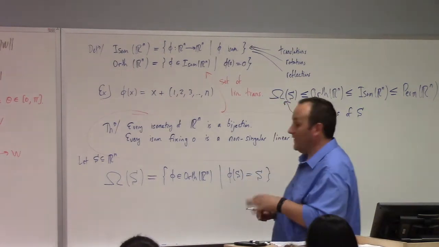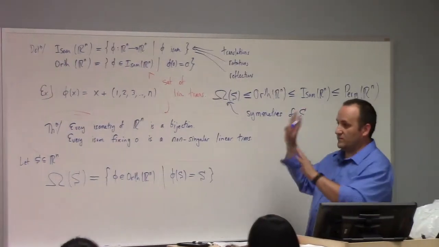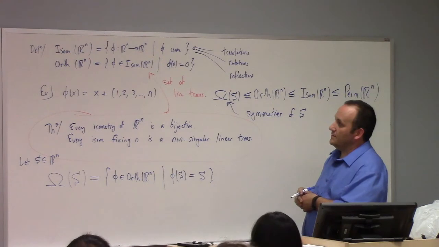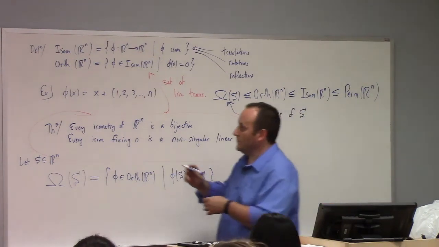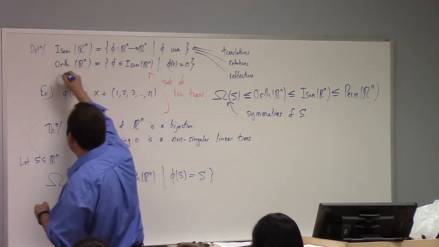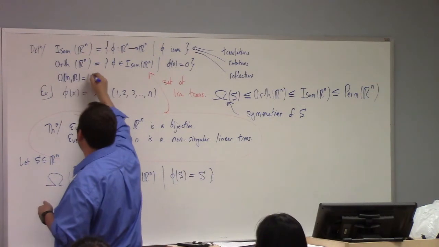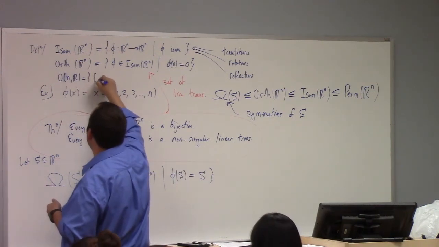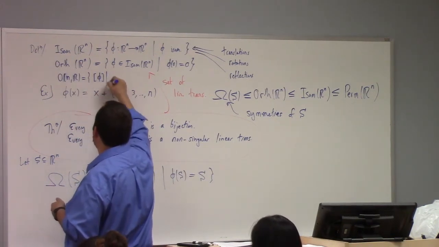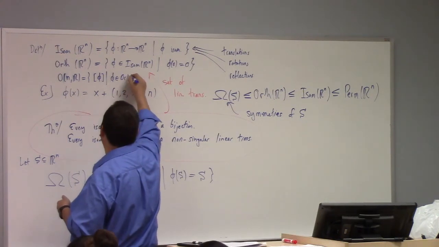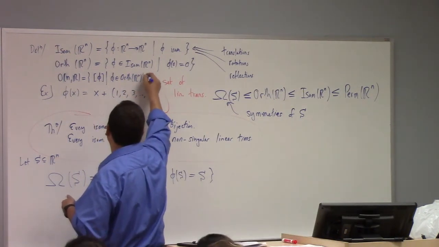Before I move on to the dihedral group, one last thing to say about this family of thinking. You can also talk about orthogonal matrices. That would be the standard matrix of phi, such that phi is an orthogonal transformation of Rn.